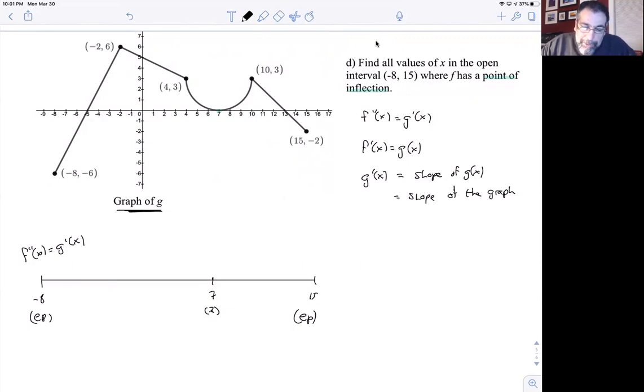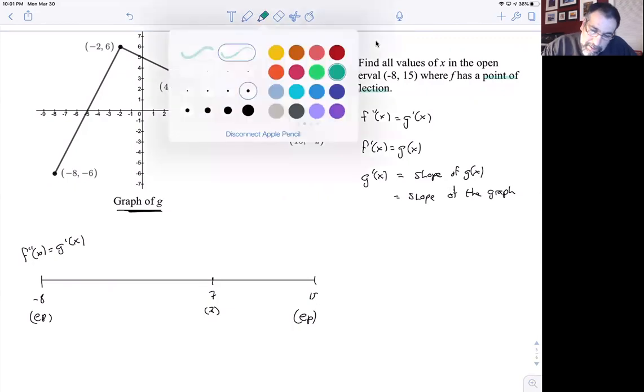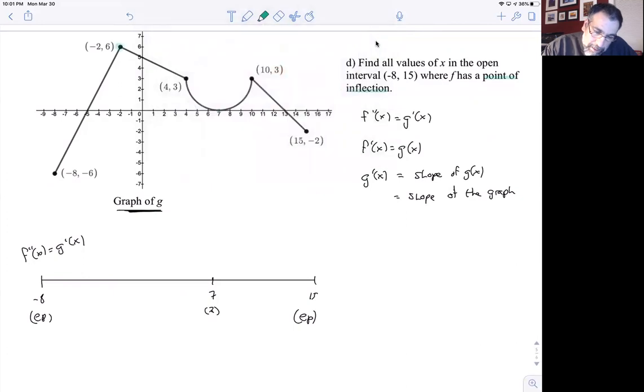There are, however, 3 places where the slope of g is undefined. In each of these locations, right here, and right here, we say that the slope of g is undefined. And that's because it forms something we call a cusp or a corner. And the idea of a cusp or a corner is that the slope coming from one side does not match up to the slope coming from the other side.